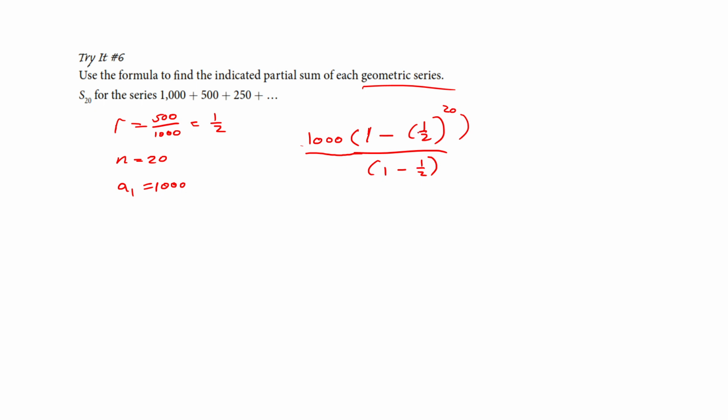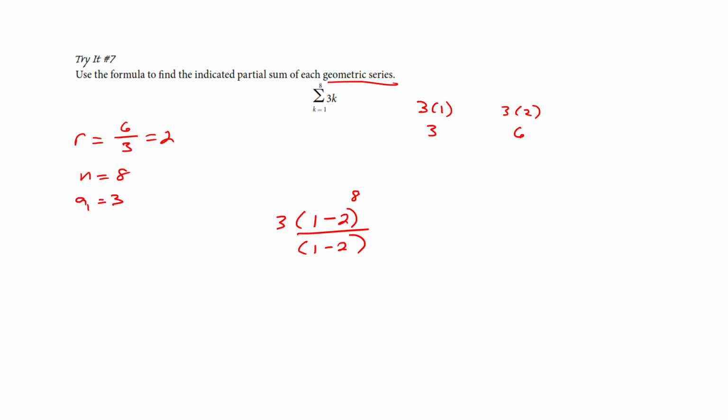So do this number. So we're starting with this. Do that, subtract it from 1, multiply by 1,000, and then divide it by the 1 minus 1/2. So, sorry, I don't know that formula off the top of my head. So here what we're doing, no, I did that wrong too, hold on.